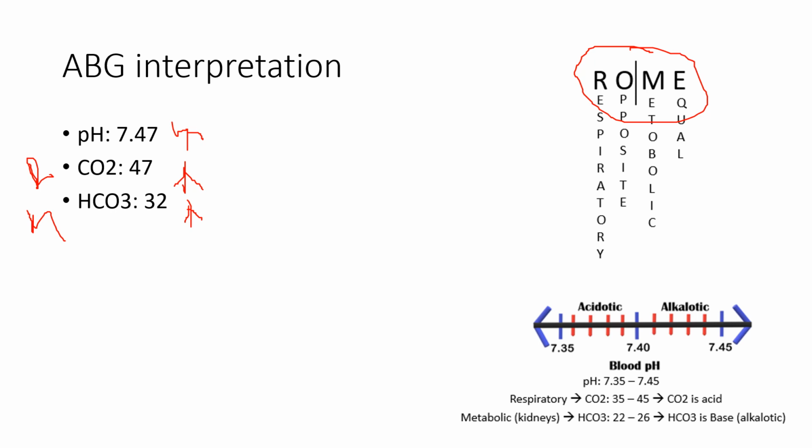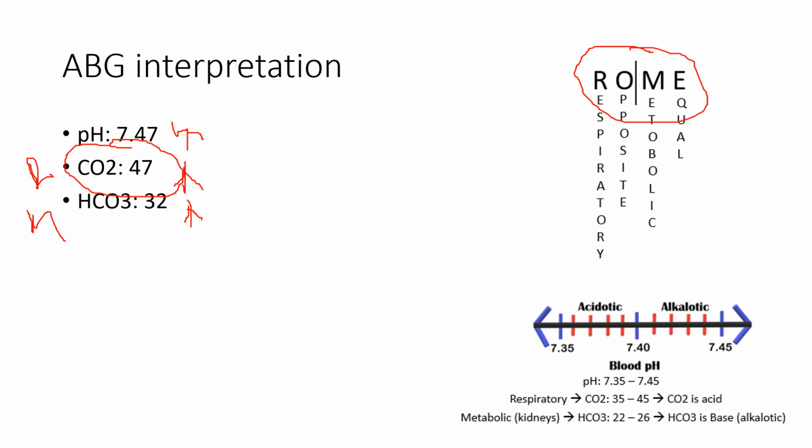Thinking about it that way, I believe this is metabolic alkalosis, but it is partially compensated. My lungs are trying to retain some acid. It's partially compensated because my pH is not within normal range. So this is metabolic alkalosis, partially compensated.